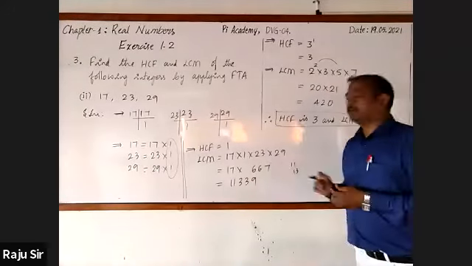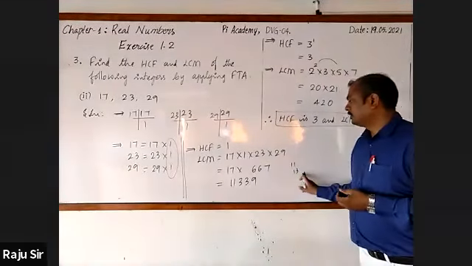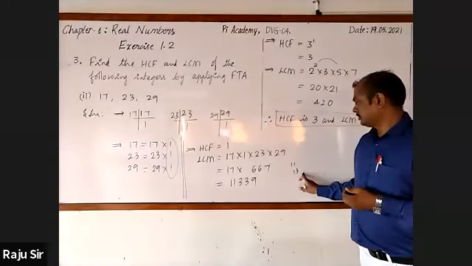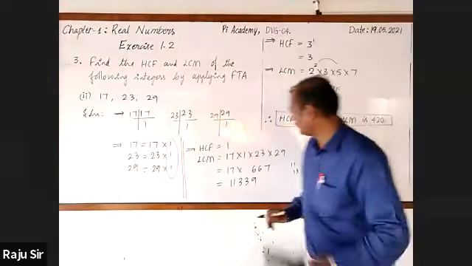Again, 17 6s are 102. 339. Sir, it's correct, sir. Correct, sir. Correct only.